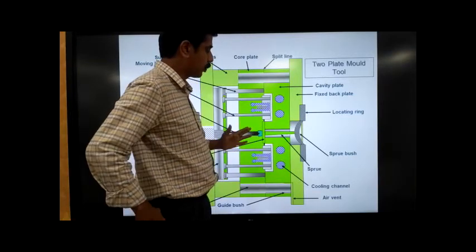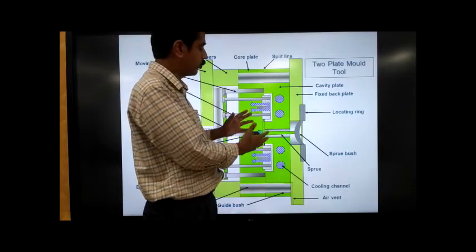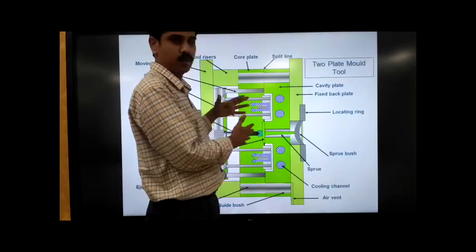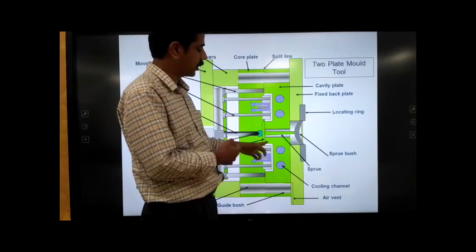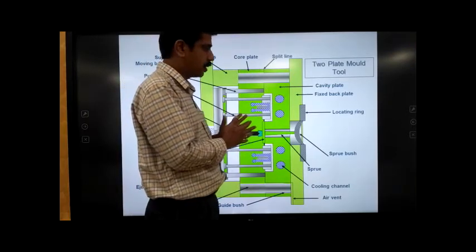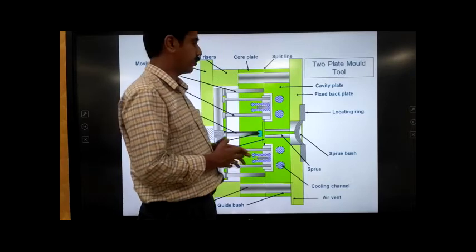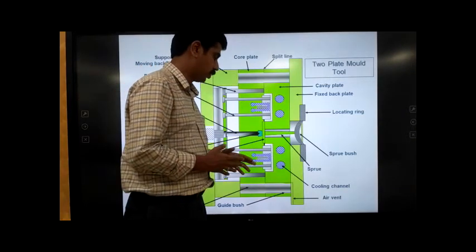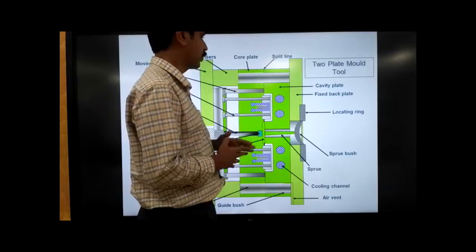When the process is completed, when the mold gets opened and the ejection is done, we'll have two products. One product is shown here, the second product is shown here. That is why we say it's going to be a multiple impression mold, or multiple impression injection molding process.